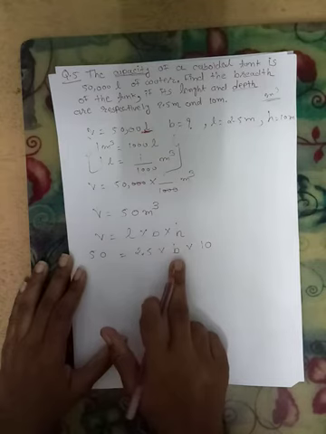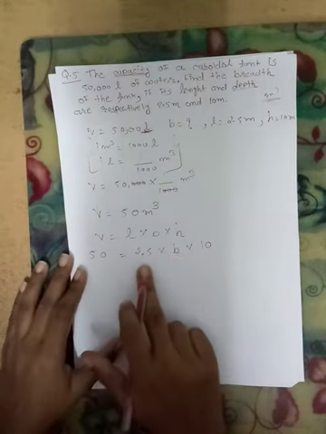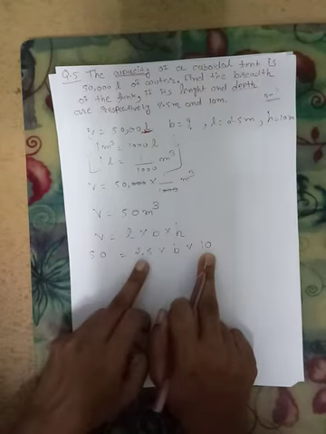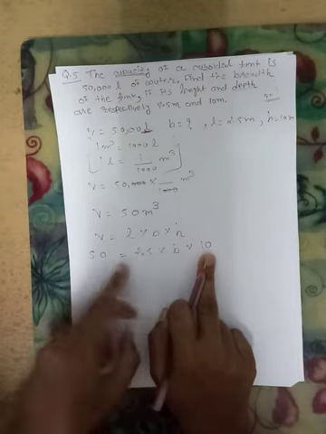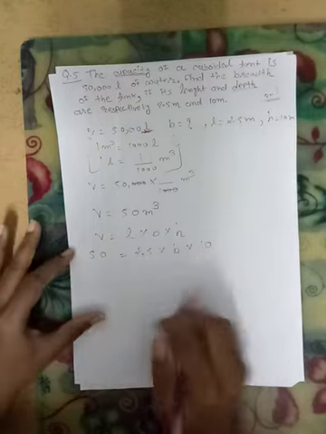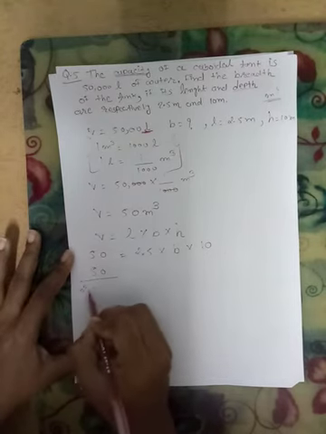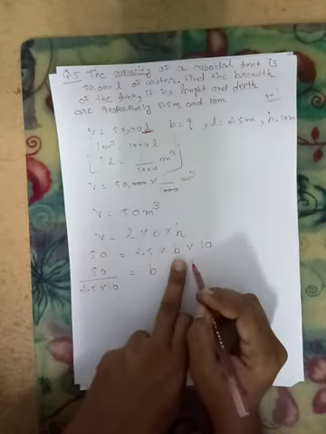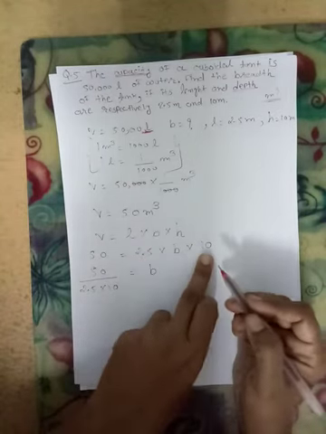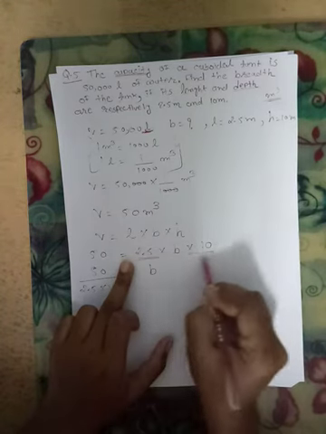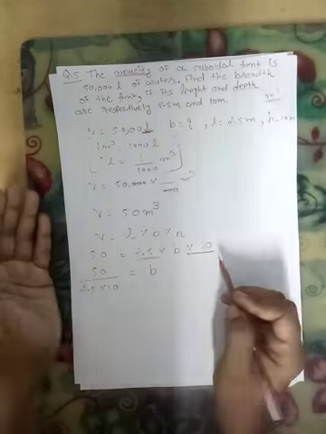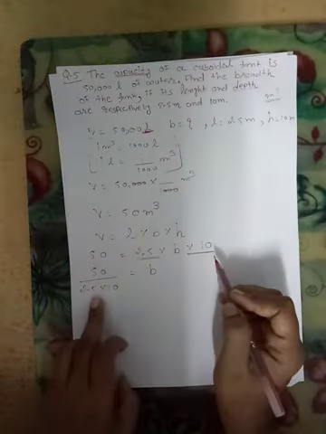You have to find out B. So 2.5 and 10 are multiplied numbers, so you have to transpose them to the left hand side, where they become divided numbers. So 50 divided by 2.5 multiplied by 10 is equal to B. Multiplied numbers always become divided numbers when transposed.